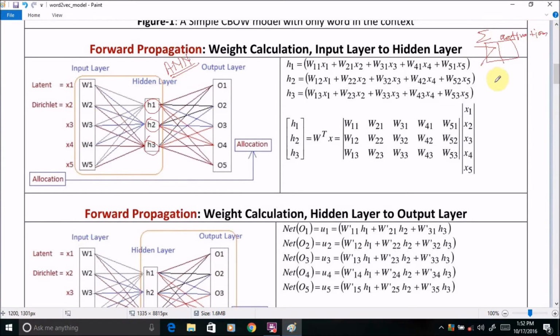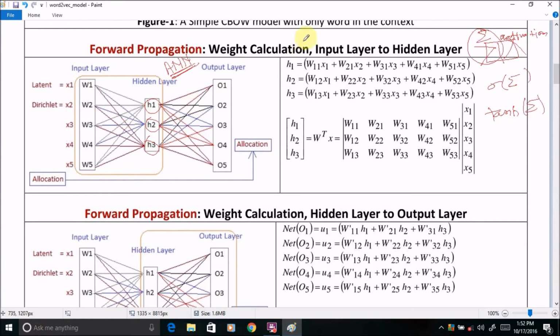The activation function generally is a sigmoid of sum of all values, or tanh of sum of all values. But different from traditional artificial neural network, here we will not go through this phase. We will just take this summation phase.